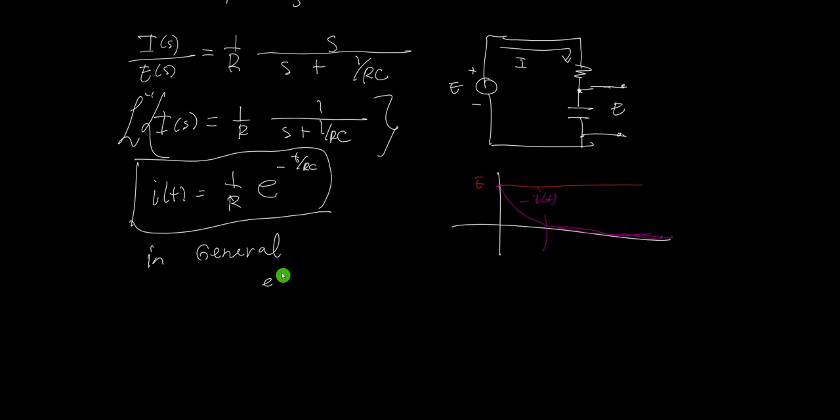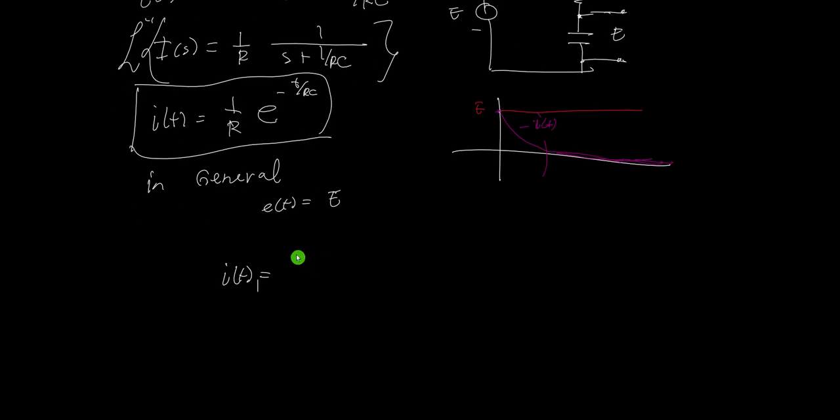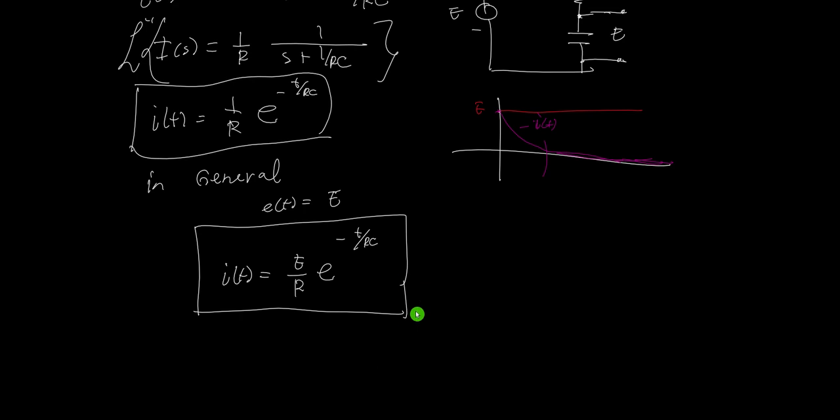If e_s(t), the input, is just equal to E because it's just a DC voltage, then what happens is the current in the RC circuit, this is the time response, will be equal to E all over R times e raised to negative t all over RC. This will be the equation of the current.